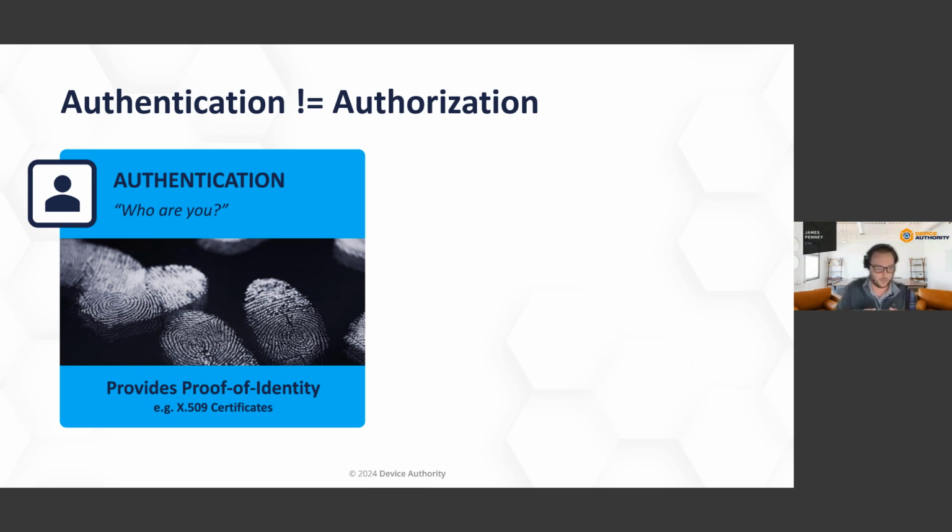Authentication is the process of who you are. It's your proof of identity, whether it be the X509 certificate shown here, or dynamic device key generation, which is our technology. That authentication process really proves who you are, and that's the only question it's answering: do you match the thing that you're claiming to be?